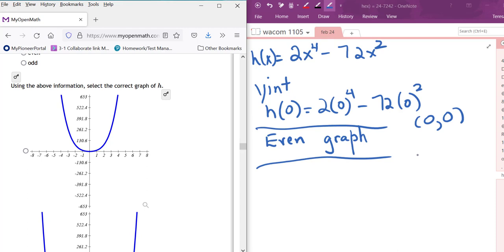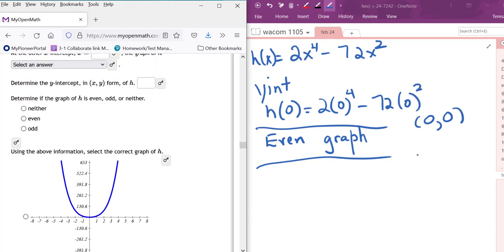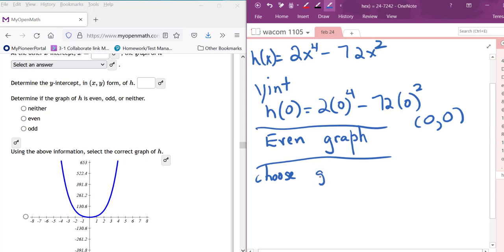Right? And then they're going to give us 4 graphs, and they ask us to choose the correct graph. All right, and at the beginning we said this one looks like a W. And it has a positive leading coefficient, so it doesn't flip over. So this one is a possibility.